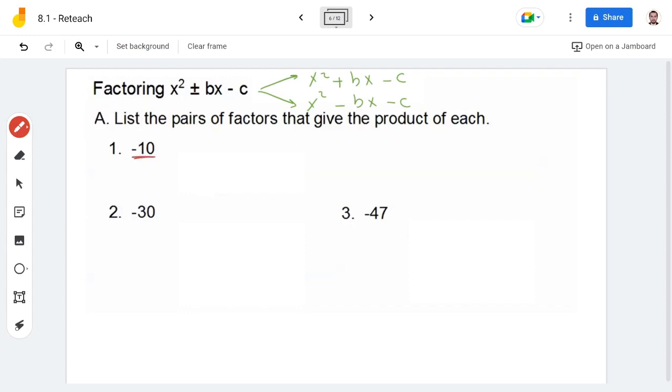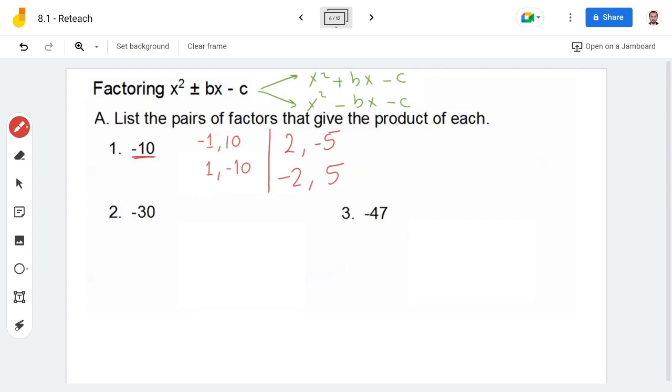The factors of negative 10 are the same as the factors of 10, except we put the negative, which means 1 times negative 10 or negative 1 times 10. Then 2 times negative 5 or negative 2 times 5. So as you can see, we have all of these factors.